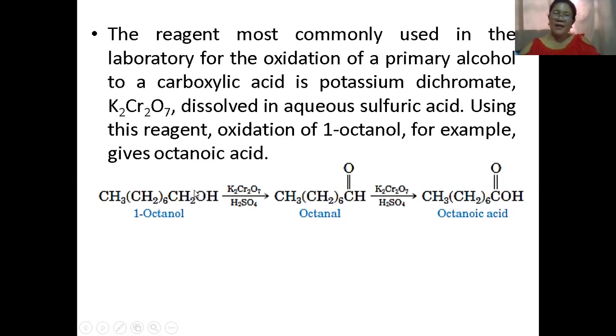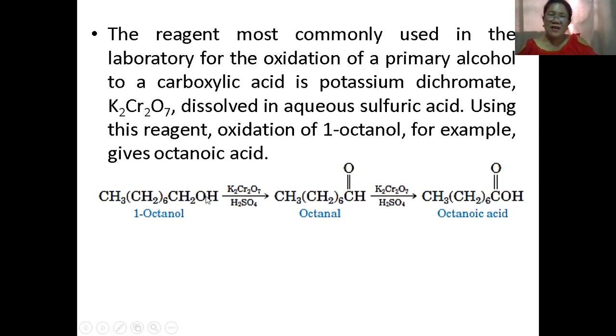What happened here is this CH, it will lose H2. H2 is taken out because it is oxidation.